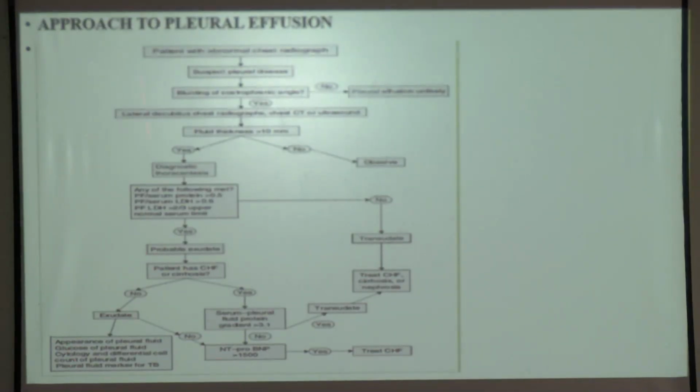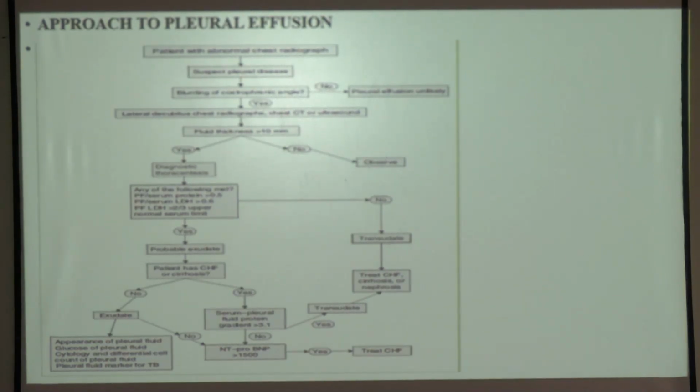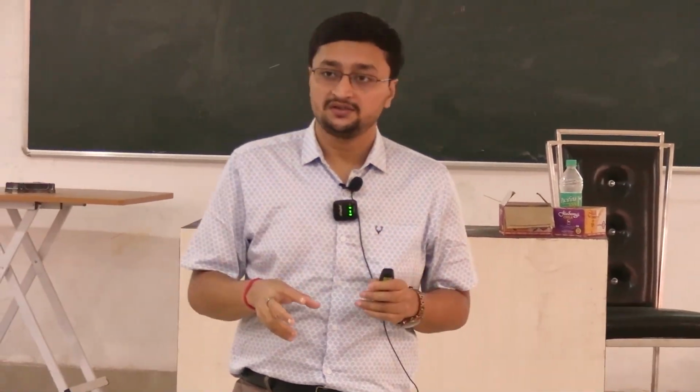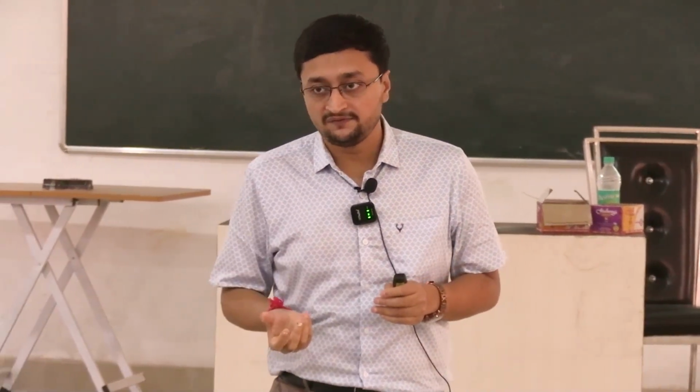If this is exudative, then in case of exudative pleural effusion, you have to send for malignant cell smear and block to exclude malignancy, and pleural fluid glucose, because of complicated parapneumonic effusion. What is parapneumonic effusion? The effusion that is because of pneumonia, because of the parenchymal infection.